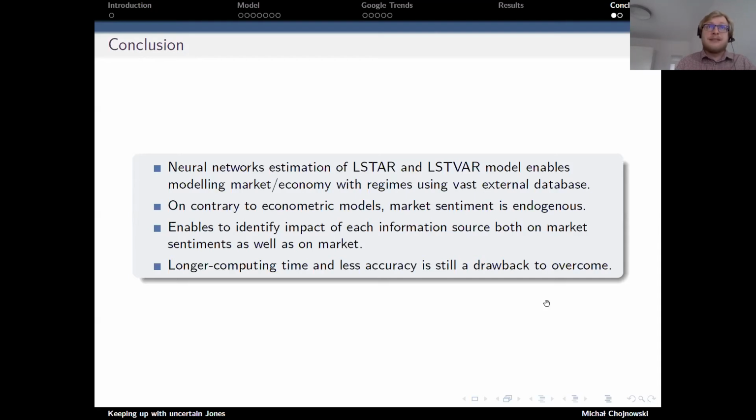Survey-based indices can also be used, as well as other economic indicators. The drawback that I'm still struggling with is that this method takes longer to compute, and might be less accurate due to the number of parameters. So there's still a trade-off between the information that we have and the time for the forecast.